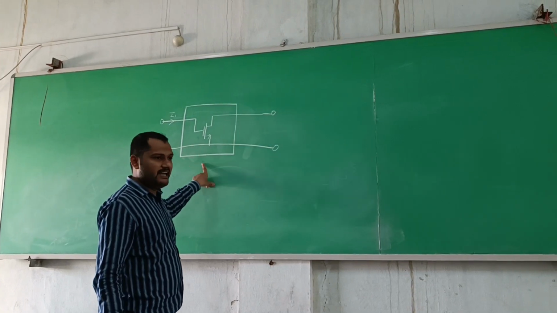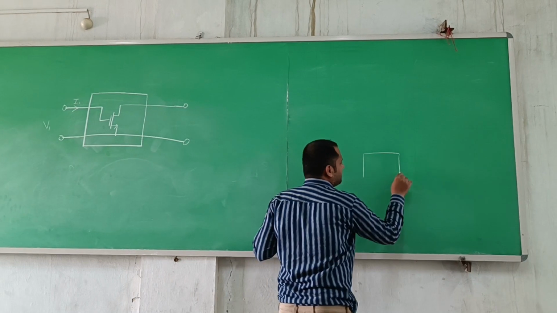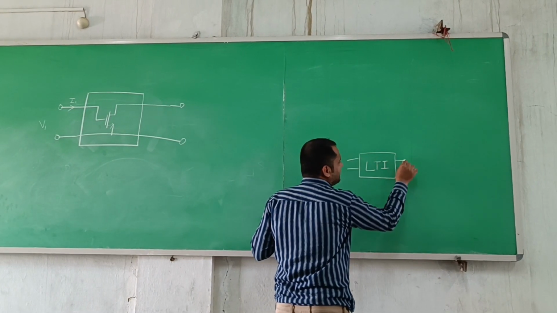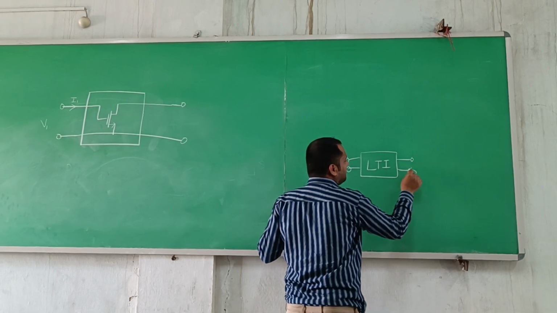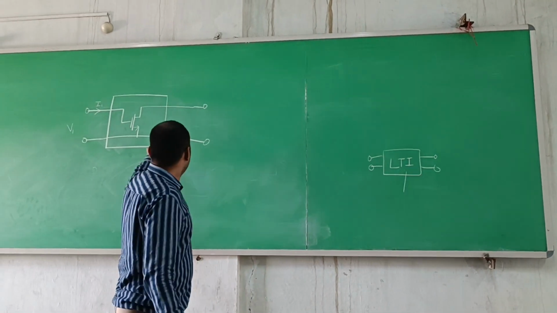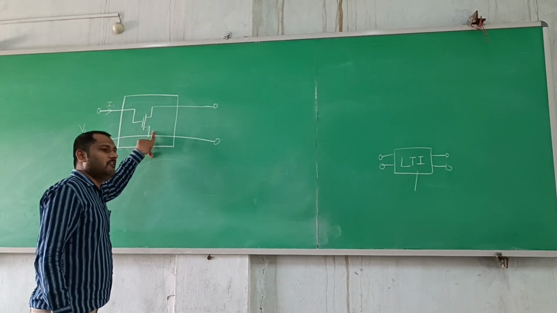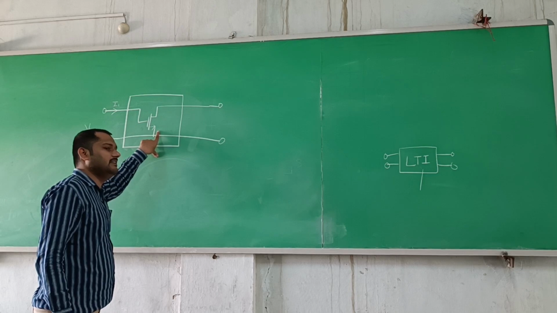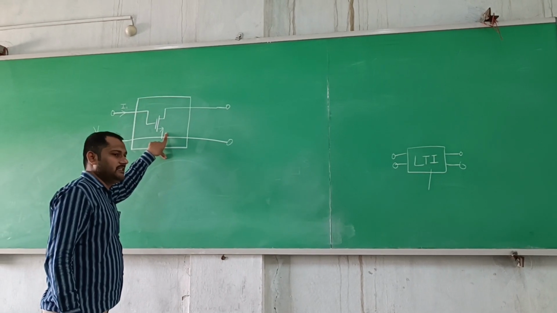For an amplifier system, as per control system and other theories, we already know an amplifier must be an LTI system. If we are using an amplifier as a two-port, this system must be LTI. So by studying the semiconductor device physics of the transistor, we want to derive some equations and create a small signal model.